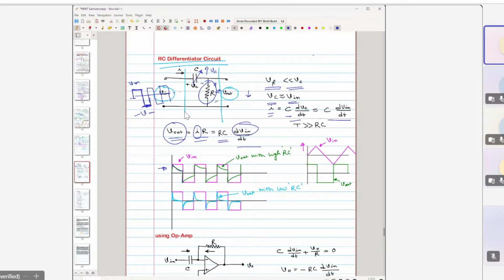Here dVin by dt at these edges is very sharp, so the current would be pretty high. That current would create a large voltage drop across this resistor. That means whatever the input voltage is, the same input voltage will drop across the resistor. You can see from here, right? So you will get Vout immediately like this.